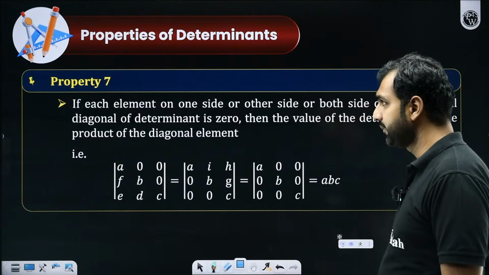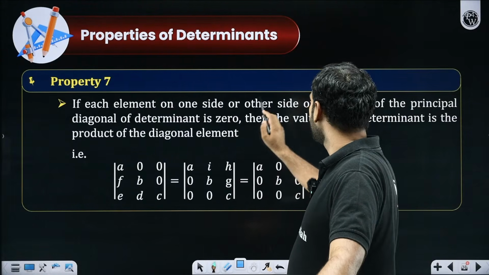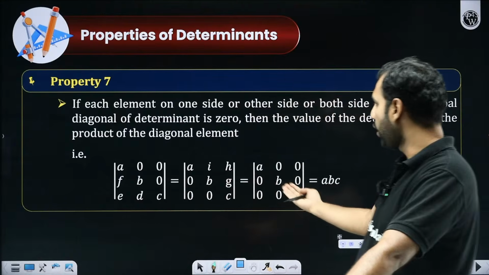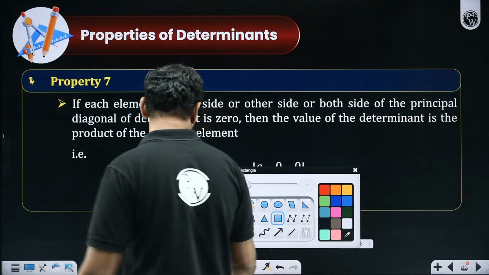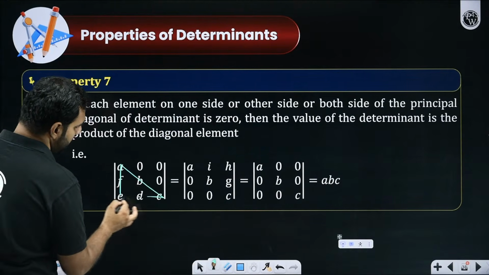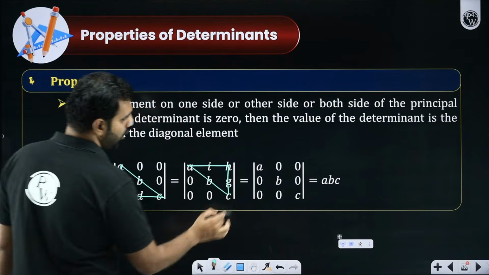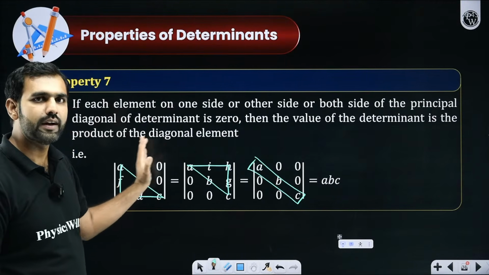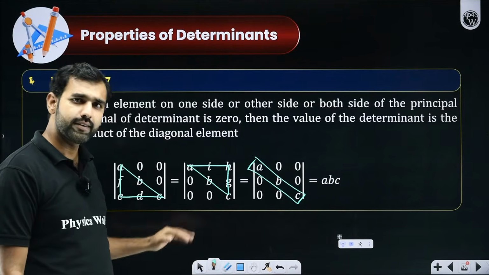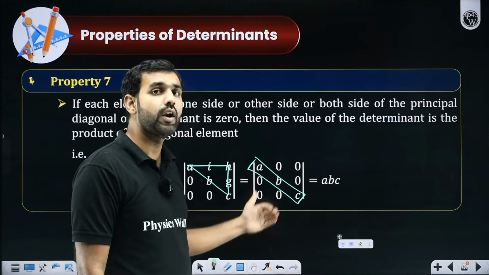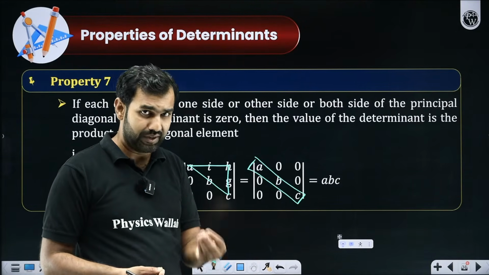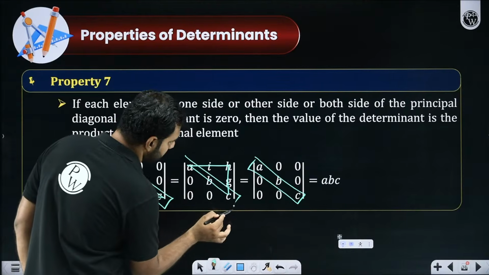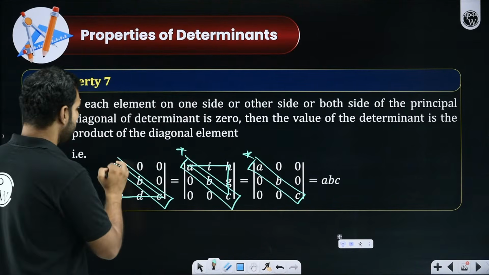What does it say? It says, if each element on one side or other side or both sides of the principal diagonal of a determinant is 0, which means if you are having a lower triangular, upper triangular or diagonal matrix, I repeat, principal diagonal above of it all are 0, principal diagonal below of it all are 0, principal diagonal except for this all are 0, then mark my words, its expansion is always the product of the principal diagonal elements.